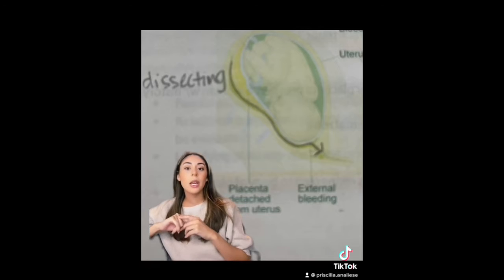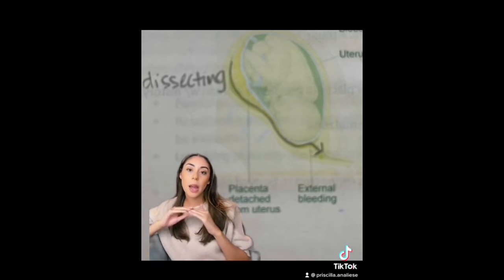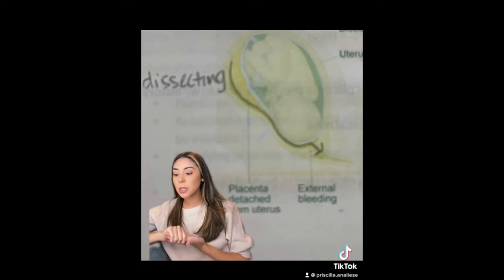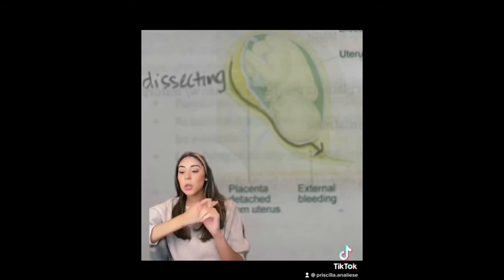So this one has a clear pathway out of the uterus, and that's why a lot of mothers experience a lot of bleeding. Risk factors with both of these types of abruptions are maternal hypertension, short umbilical cord, uterine anomaly, myoma, trauma, and placenta previa.